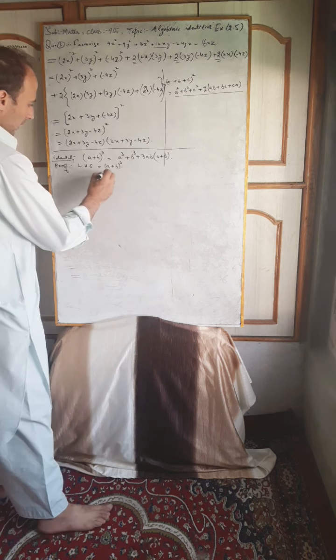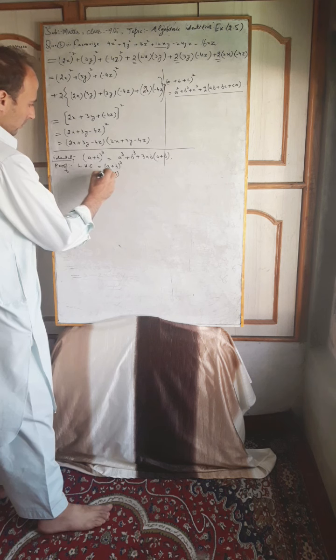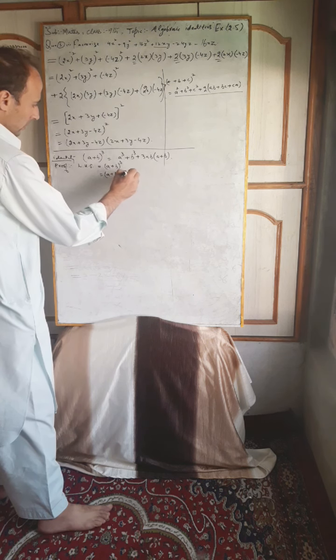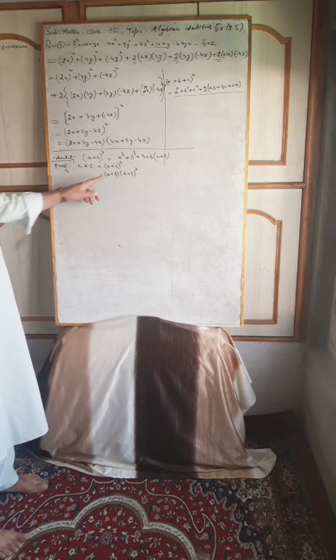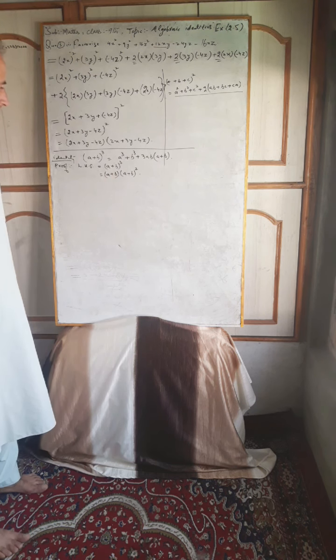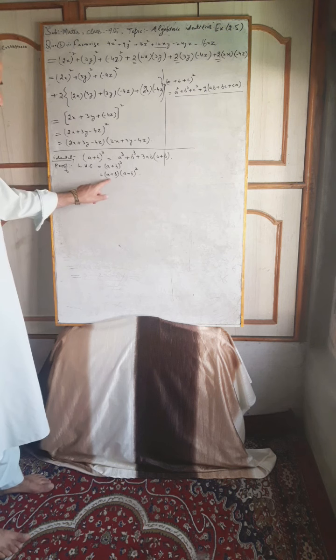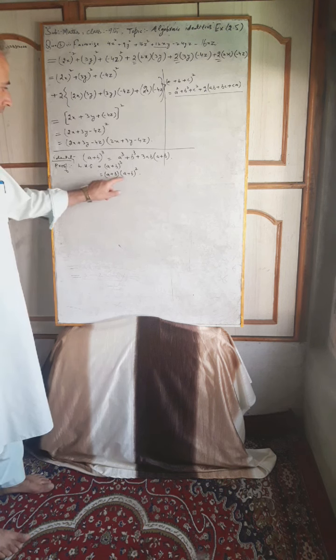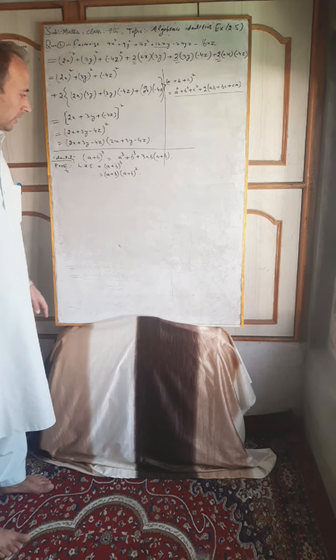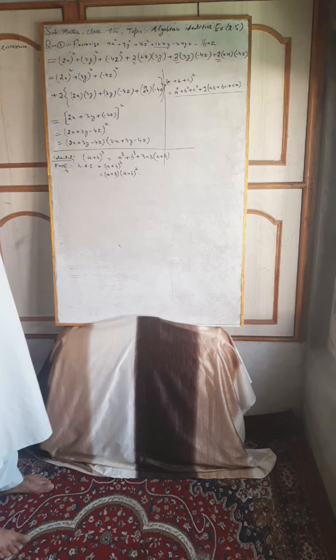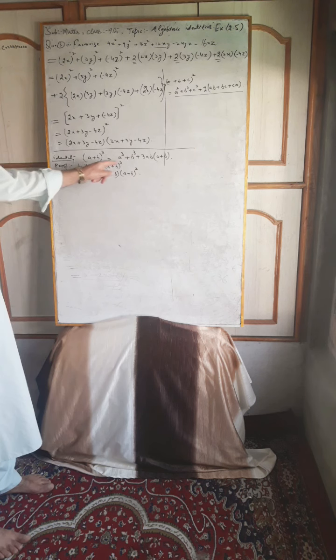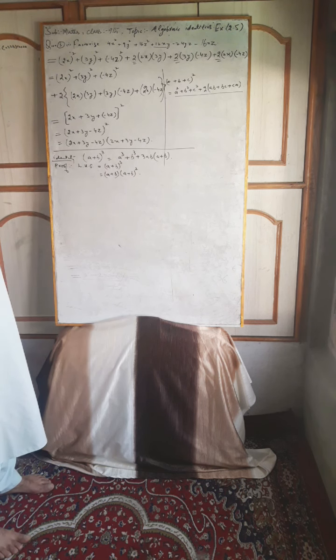It can be written as a plus b into a plus b whole square, because as it is known to you, when the bases are same, powers should be added. Here the power of a plus b is 1, and here the power of a plus b is 2. So the power of a plus b would be a plus b raised to the power 1 plus 2, that is equal to a plus b whole cube.